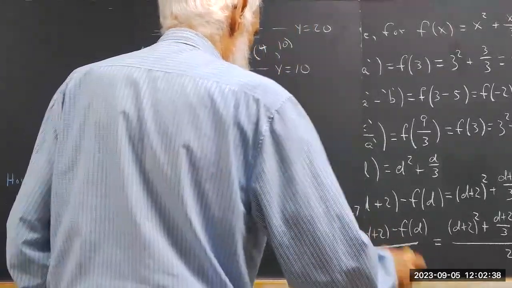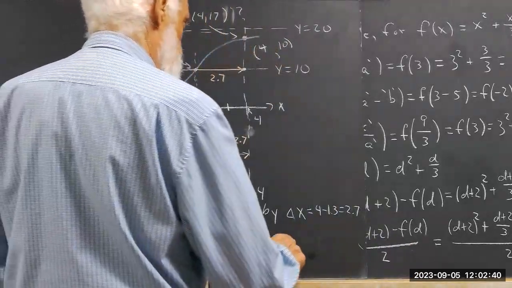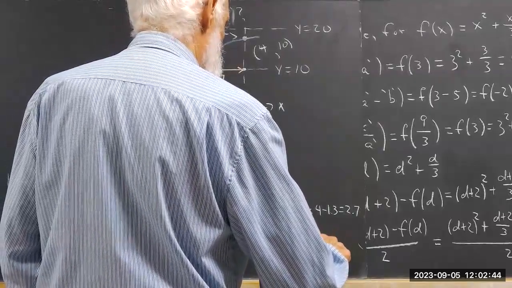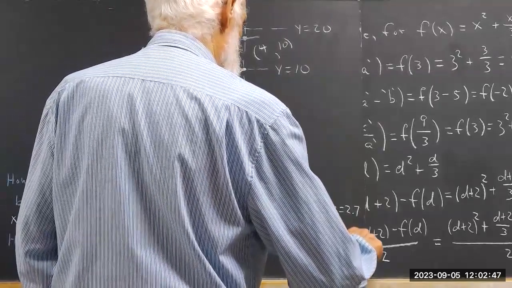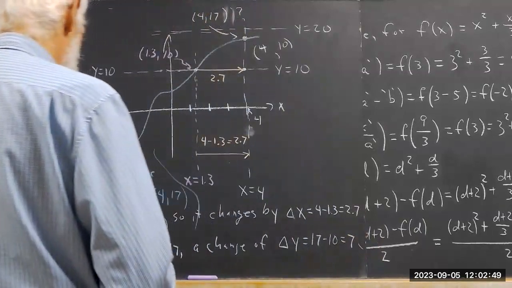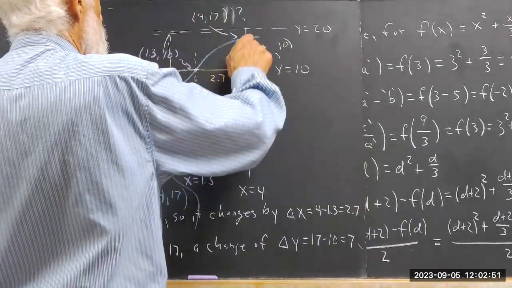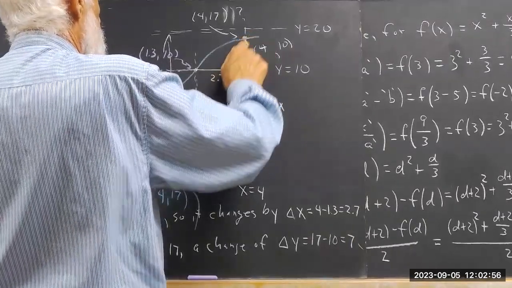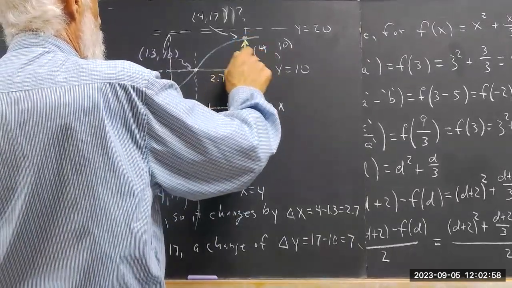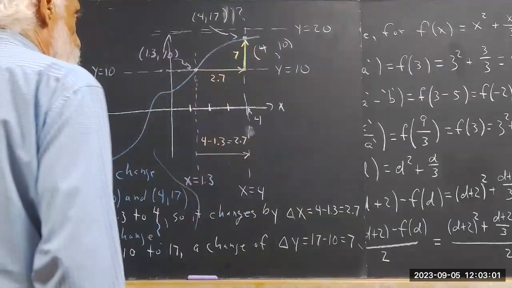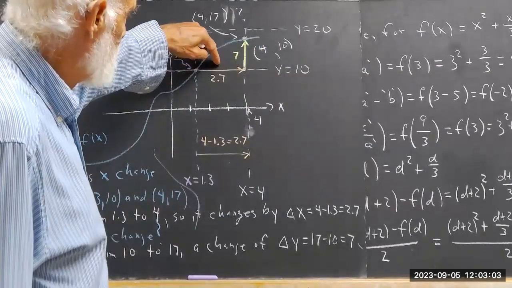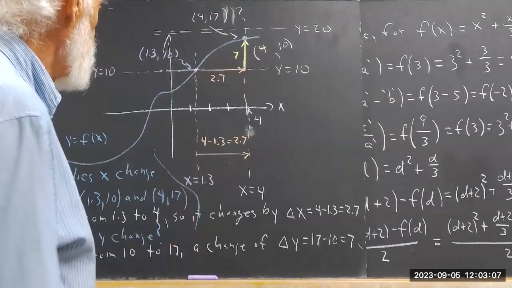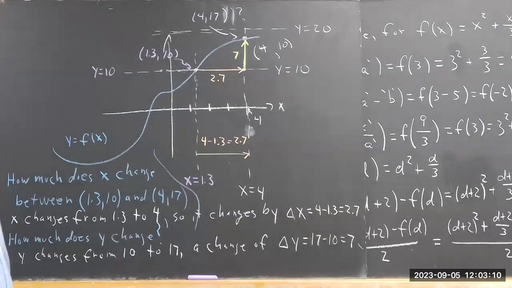So change of delta Y. Okay, so right here is a change of 7. I really want to write that on this side of the arrow, but I've got this. Okay.